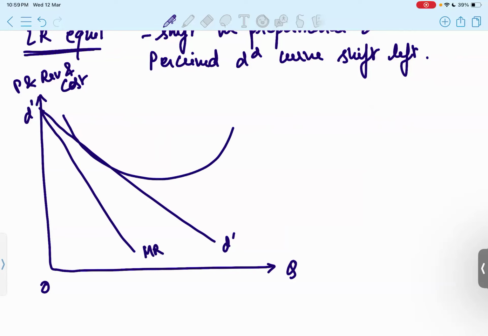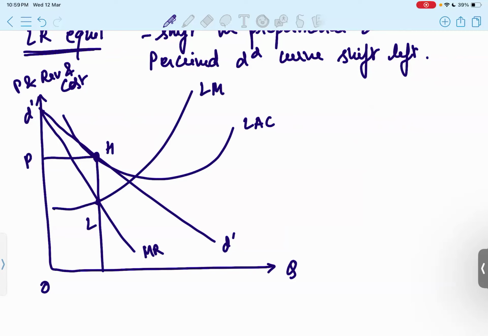Here we draw the tangent long run average cost curve because this is a long run situation. So we get the tangency point, let's say H. This is the equilibrium price. This is point L, and here the long run marginal cost curve crosses at point L. We also see that the proportional demand curve would also cross point H.